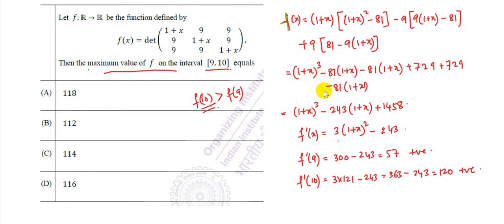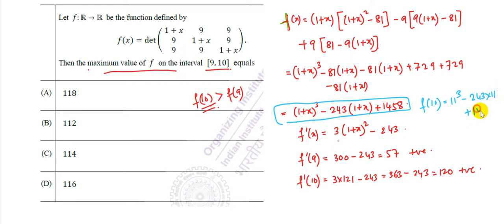And what would be the value of f10? So from here, f10 will be 10 plus 1, 11 cube minus 243 times 11 plus 1458.